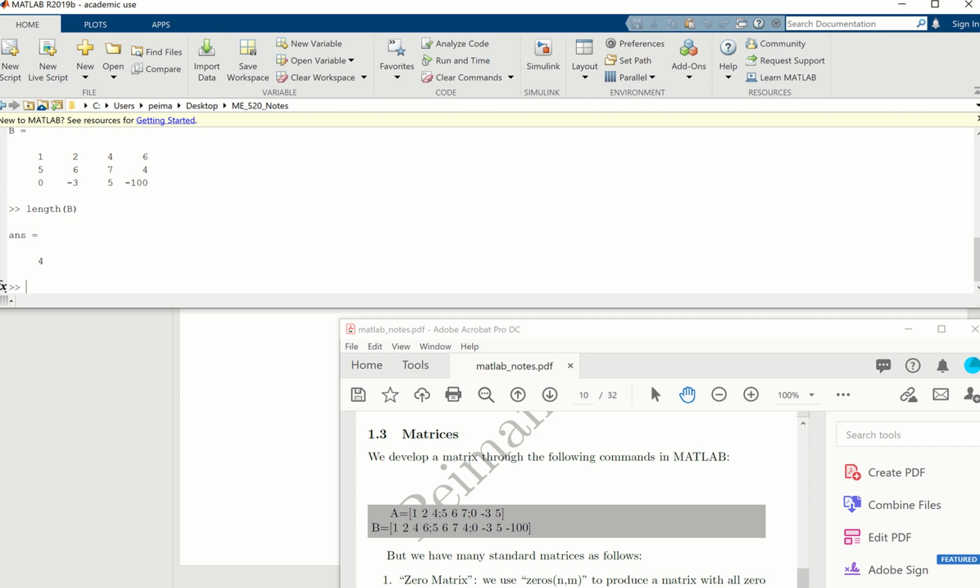I mean, if you have a 5 by 10 matrix, when you say length of the matrix, it's going to give you 10. If you have a 100 by 2 matrix, means 100 rows and 2 columns, the length is going to give you 100. For example, if you say C is equal to 1, 1, 1, 1, 1, 1, okay, and 1, 2, and 3, and 4.